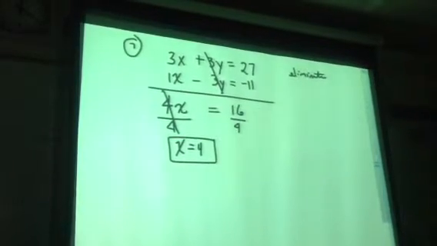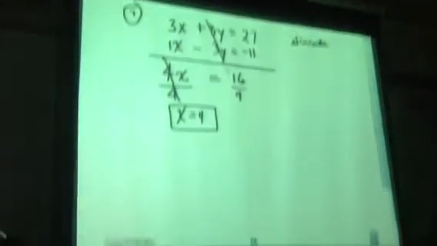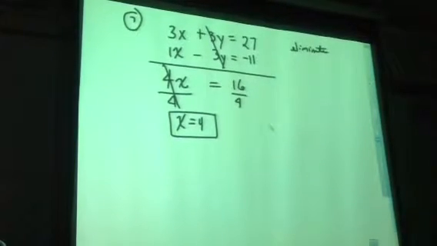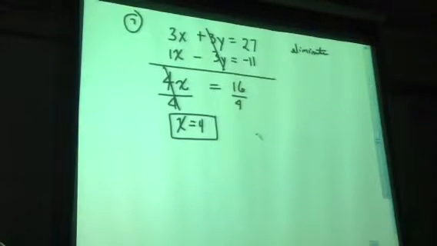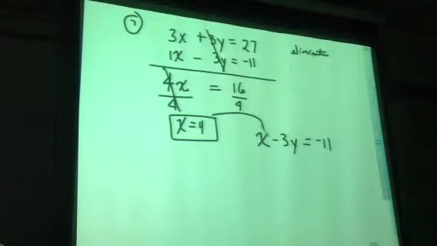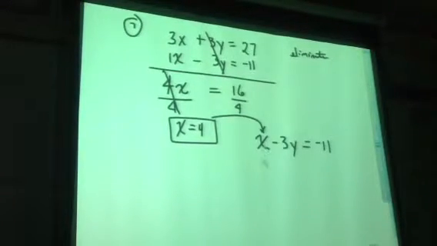Once you get x equals 4, you could use any method you want to find the other variable. If you want to copy down the second equation, x minus 3y equals negative 11, substitute. If x equals 4 and you got an x right there, what could you replace that with?